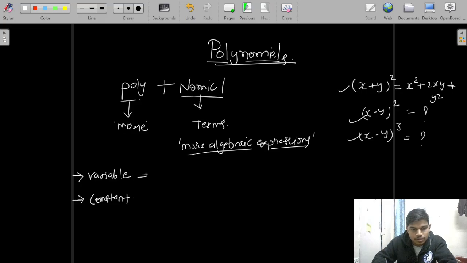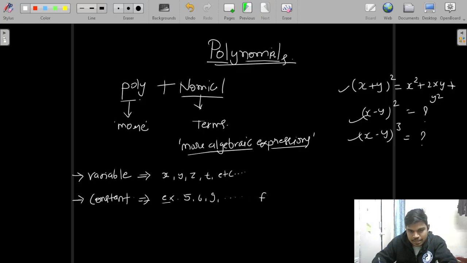Generally we denote the variable by small alphabet letters like x, y, z, t, etc. A lot of letters you can take. And a constant is any number that is fixed. For example, 5, 6, 9, etc.